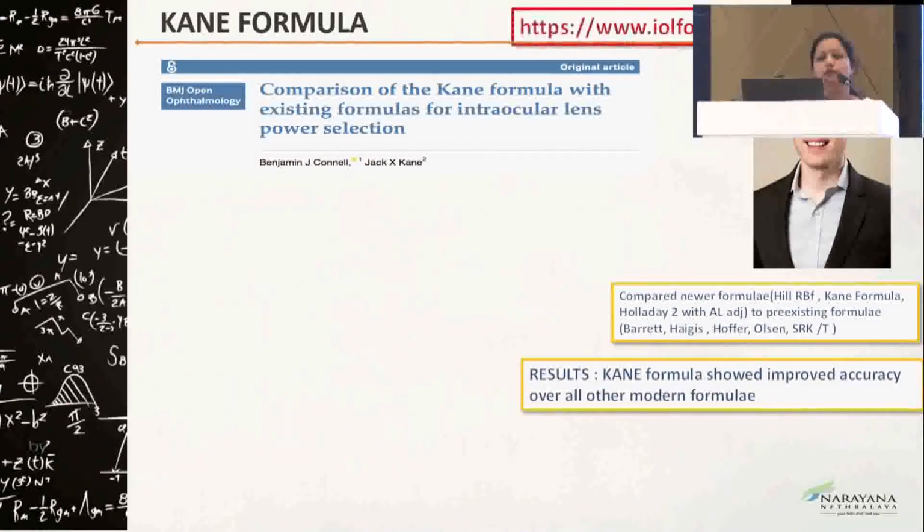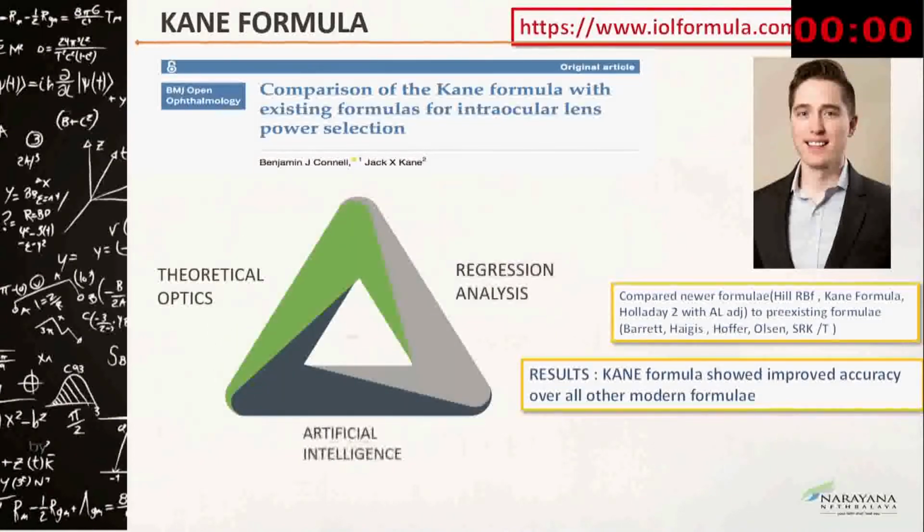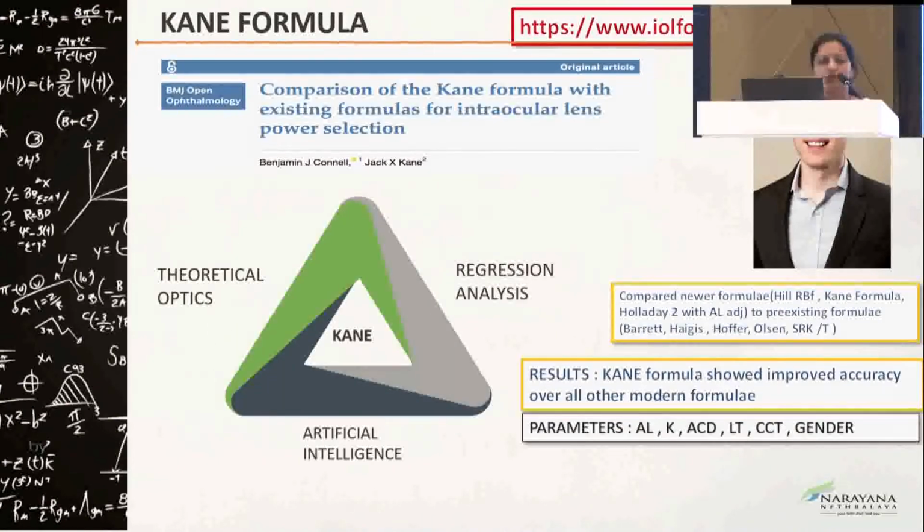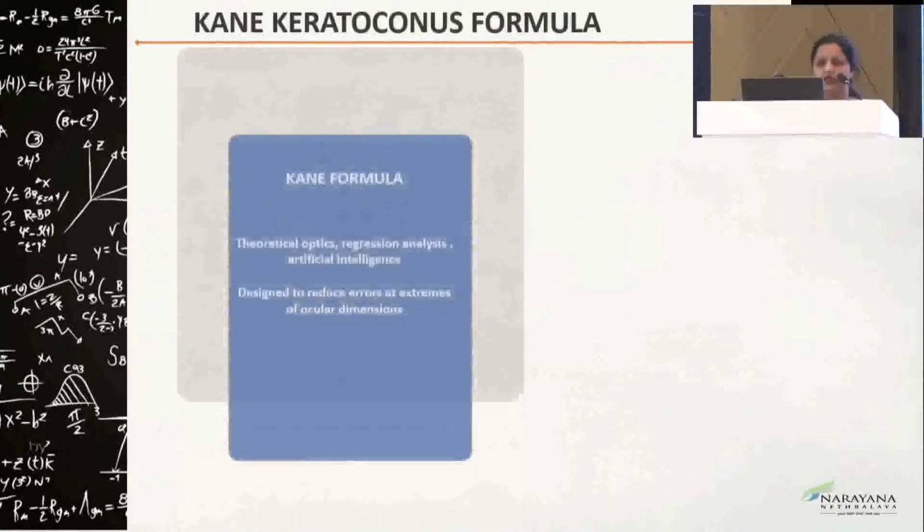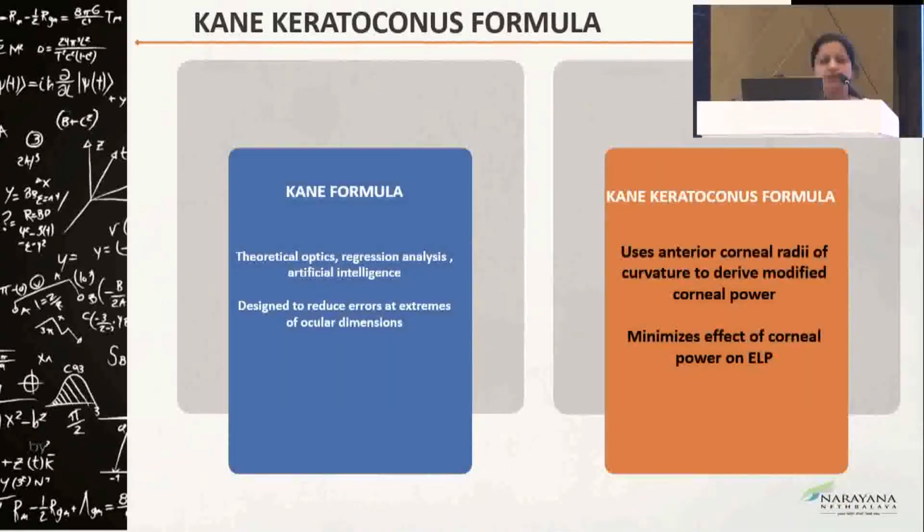Coming to the Kane formula, a lot of studies have shown that it is more accurate than all other modern formulas. It is based on a regression analysis of large data sets, artificial intelligence and theoretical optics, and uses even the CCT and the gender for IOL calculation. The difference between the Kane formula and the Kane keratoconus formula is that in Kane keratoconus, he uses the anterior corneal radii of curvature to derive a modified corneal power.